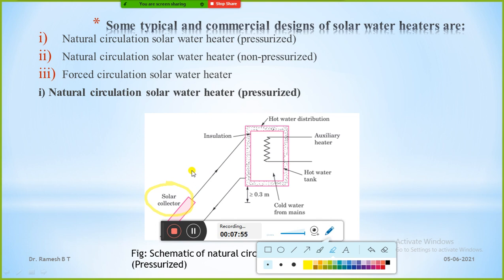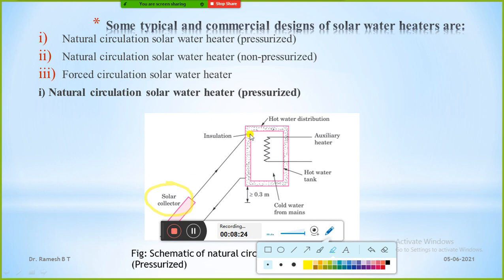Then how is it natural circulation? As the water is heated in this passage through the collector, it absorbs the energy and gets heated, and its density decreases. Once the water gets heated, its density decreases, and hence it rises and flows into the top of the storage tank.